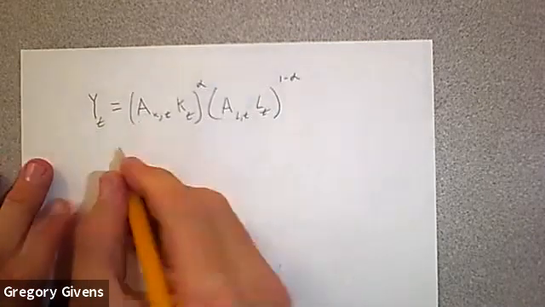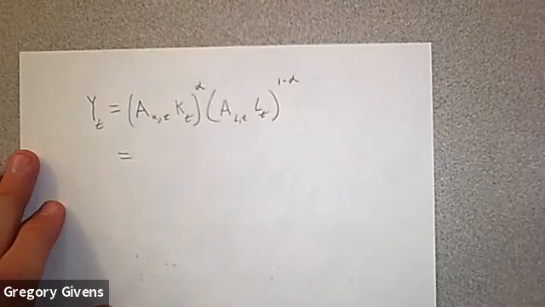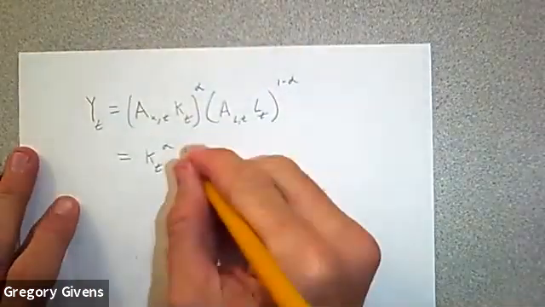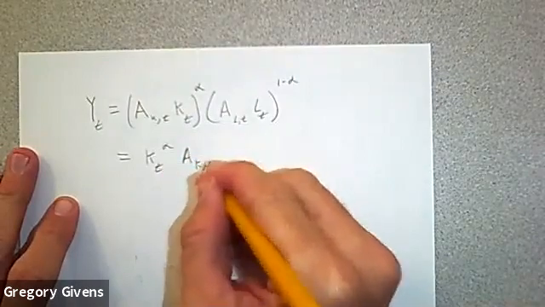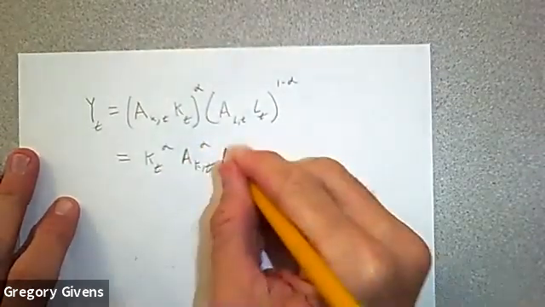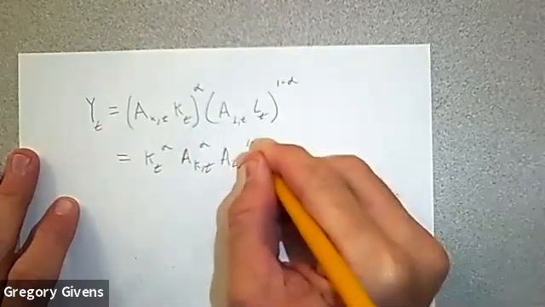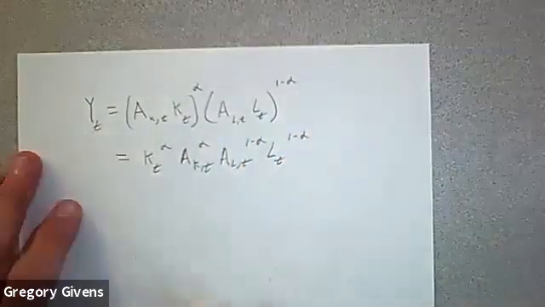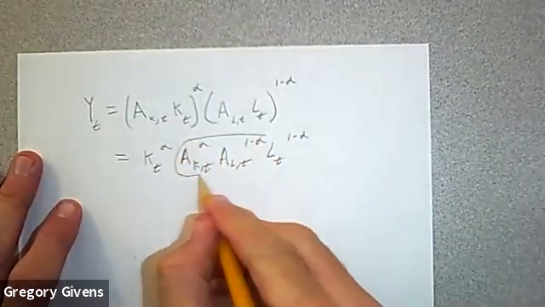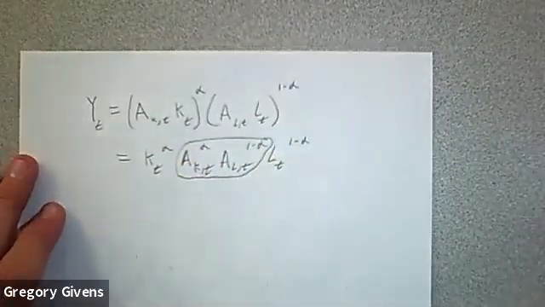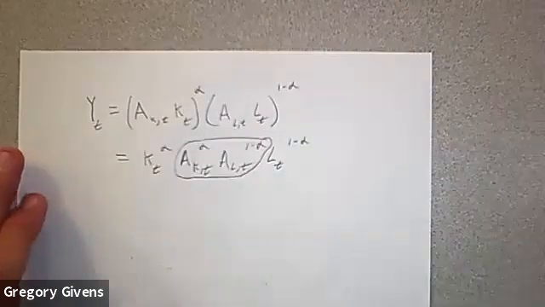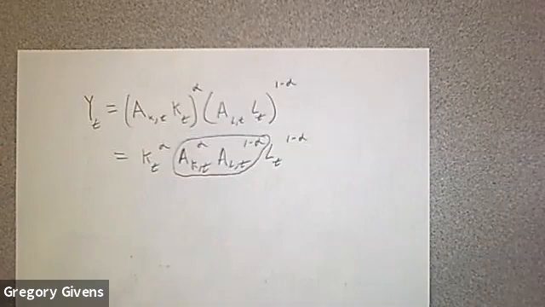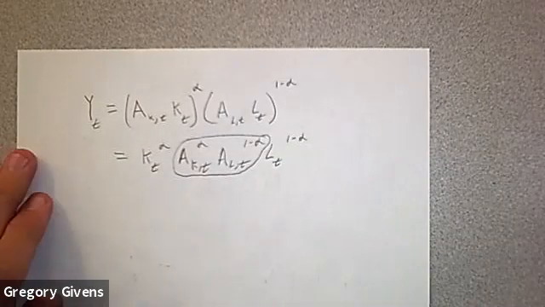labor augmenting technology, right? What is this equal to? This is just (A_k k_t) to the alpha times (A_l l_t) to the 1 minus alpha. Well, how can I get this composite technology term inside of the production function attached to L raised to the 1 minus alpha? In other words, make it look like labor augmenting technology.